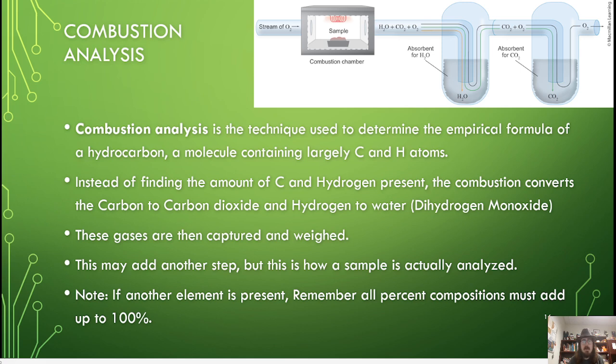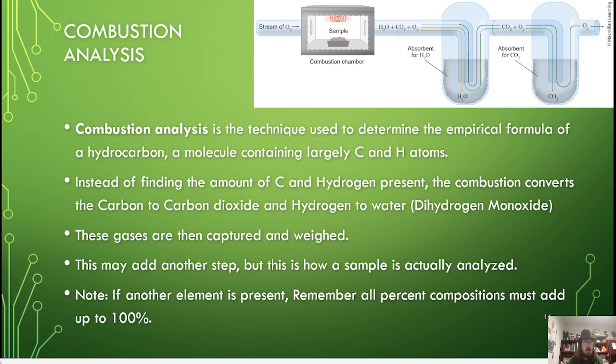However, you can find it indirectly, because if you figure out the mass percent of carbon and the mass percent of hydrogen, any remaining mass percent that is missing must come from something else, like oxygen.